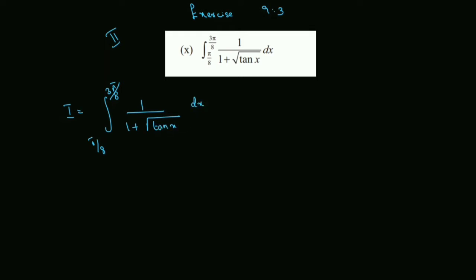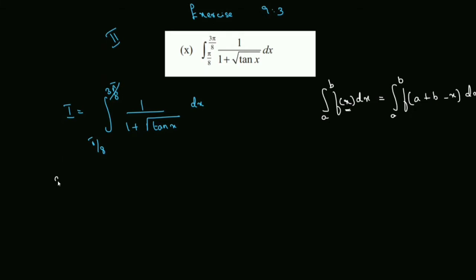We are going to use a property of integration. One property is that the integral from a to b of f of x dx is equal to the integral from a to b of f of a plus b minus x dx. That is, x is replaced by a plus b minus x. I'm going to use that property here.